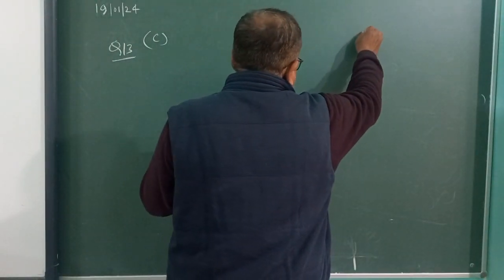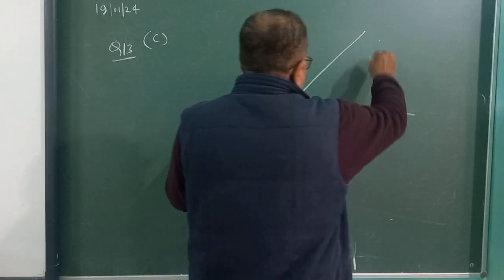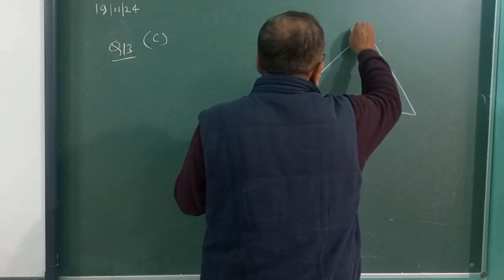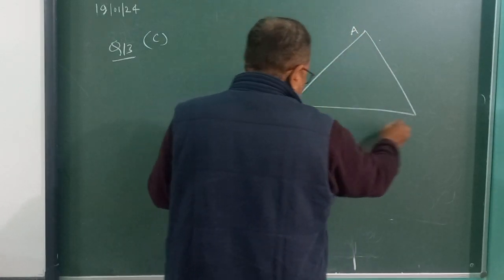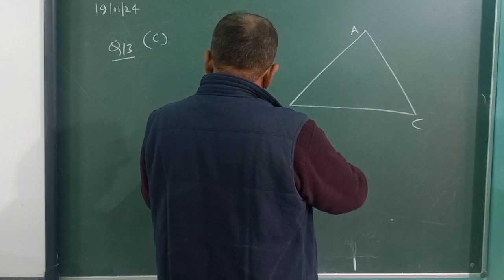Make figure. ABC is a triangle. One more triangle is BGE.